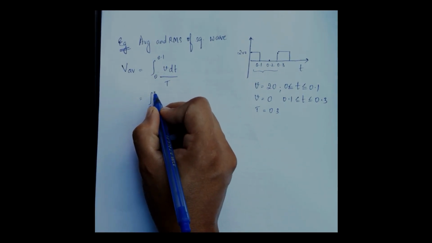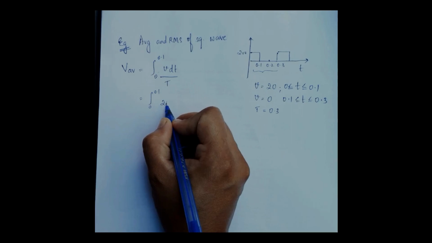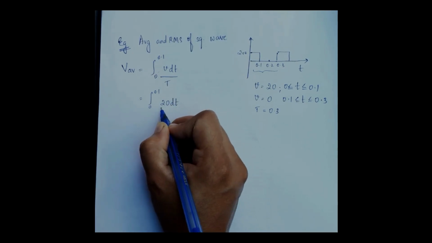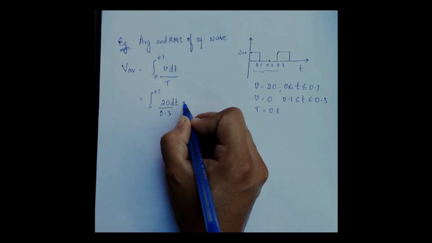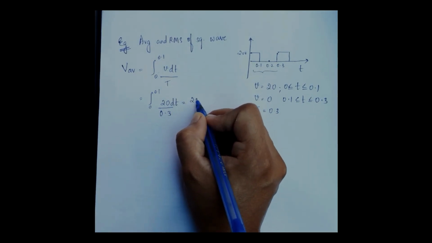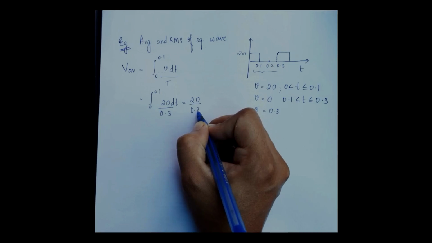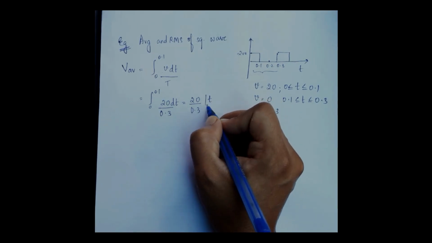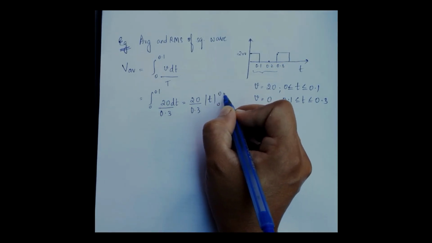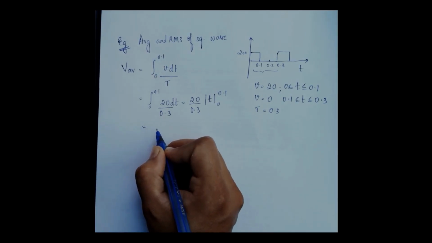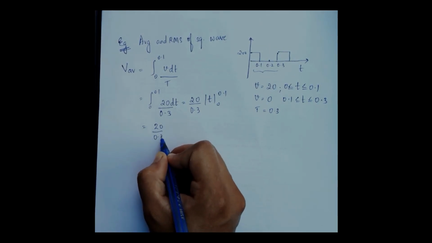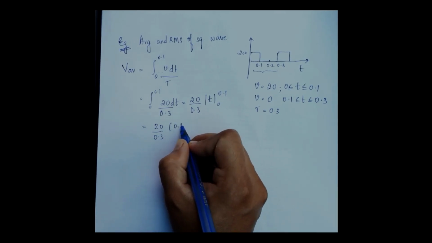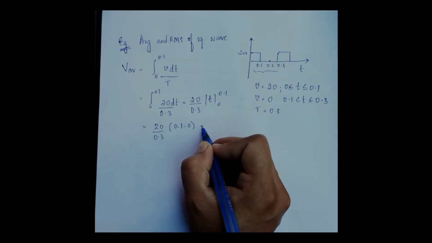Substitute the value of v, which is 20, by 0.3. Integrate dt, which is t, for the values 0.1 and 0. It's a simple question, but you can get it wrong and lose marks.